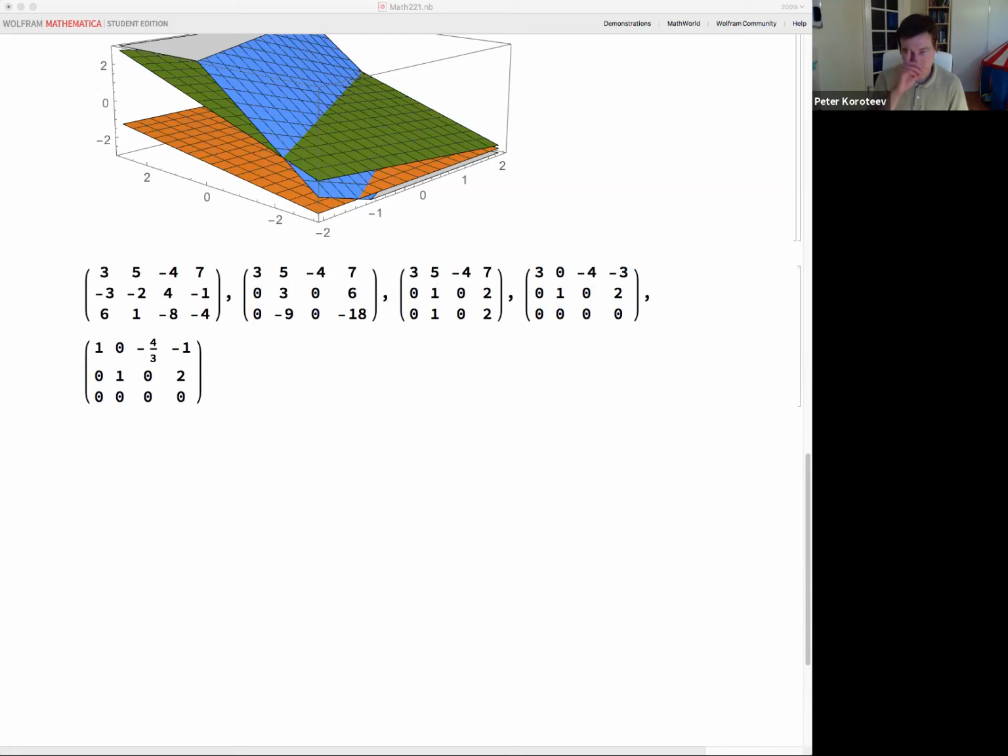Yeah. So now, again, there's a free variable, but the space of solutions will look slightly different, right? So what do we have? Now x1 minus 1/3 x3 is equal to -1.